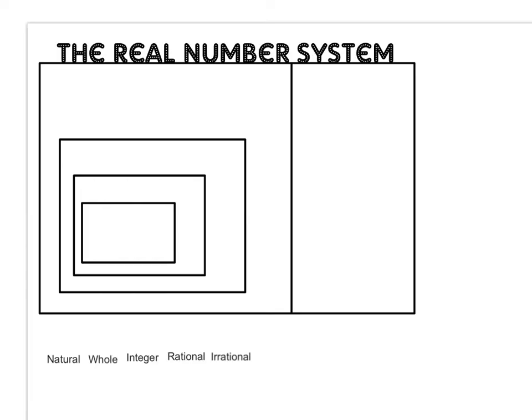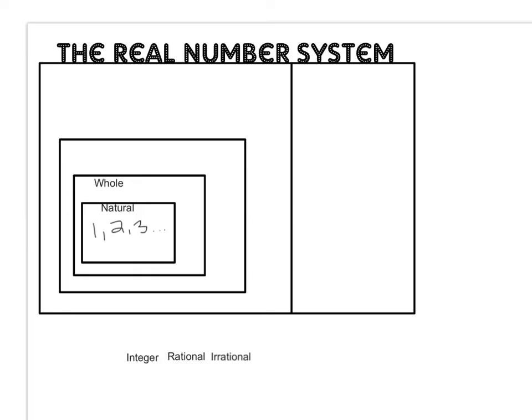So our first set of numbers are the most basic. They're called natural numbers. Natural numbers are those numbers you learn to count with. So 1, 2, 3, and so on. Okay? They're the basics. The next set of numbers are called whole numbers.